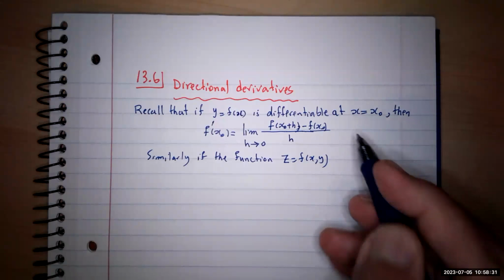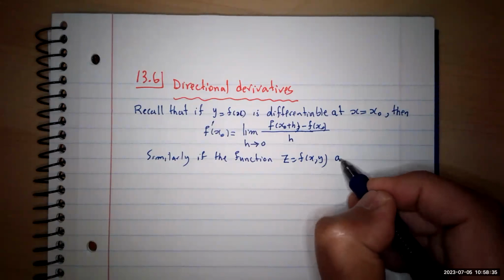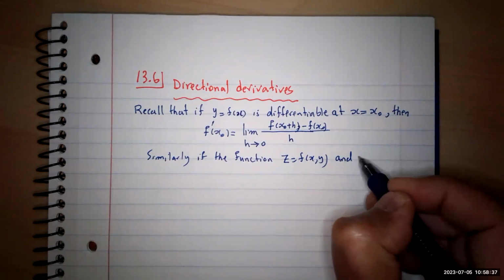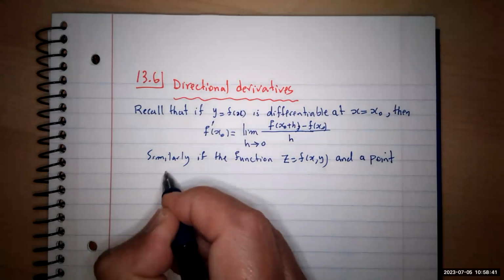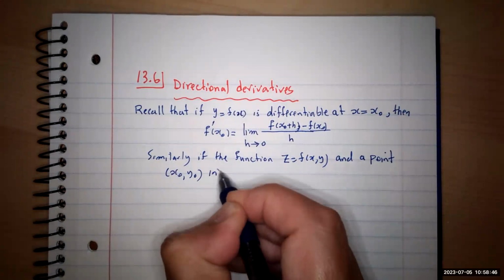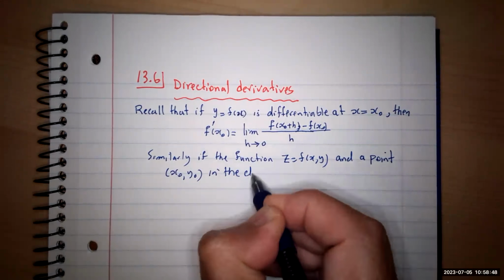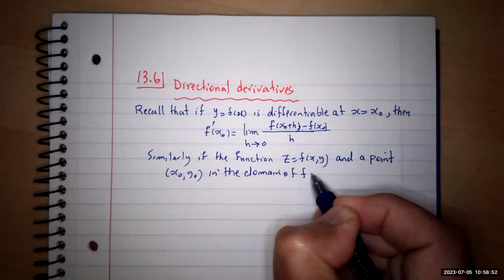A function is given, and a point (x0, y0), of course in the domain of f, is given.